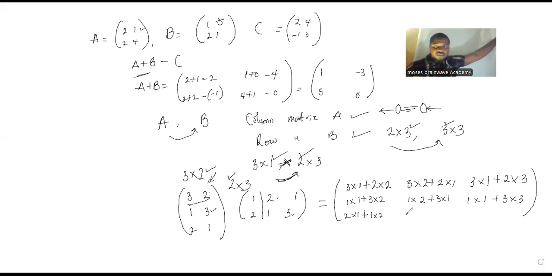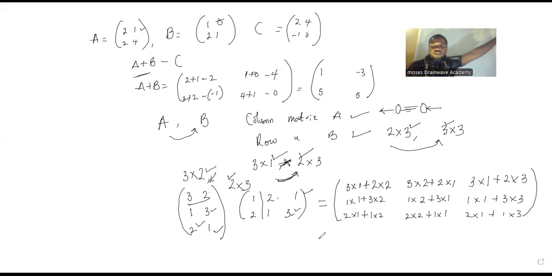We take it again, 2 multiplied by 2 plus 1 multiplied by 1. Then lastly, 2 multiplied by 1 plus 1 multiplied by 3.